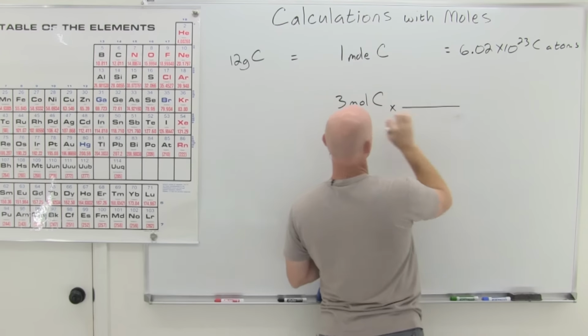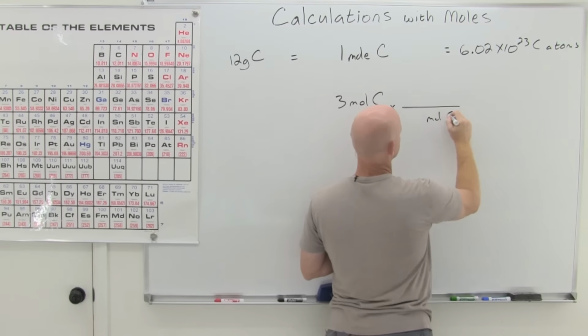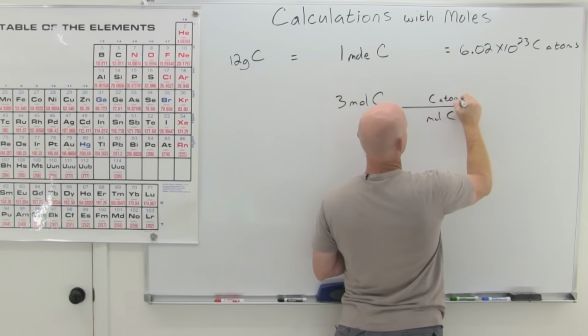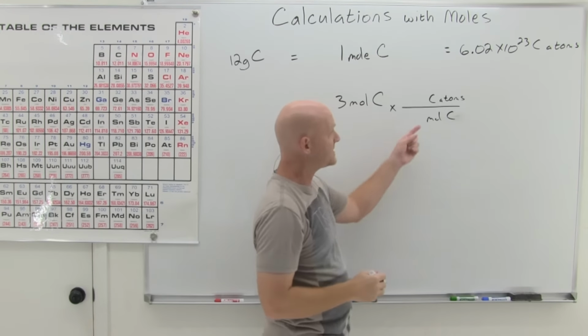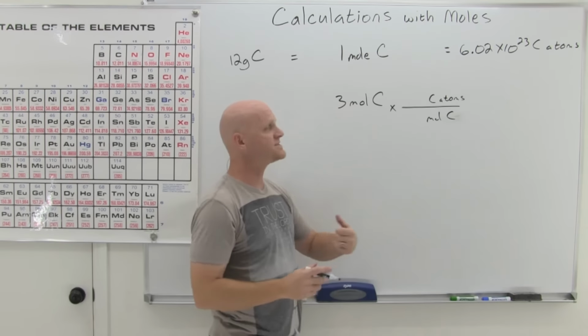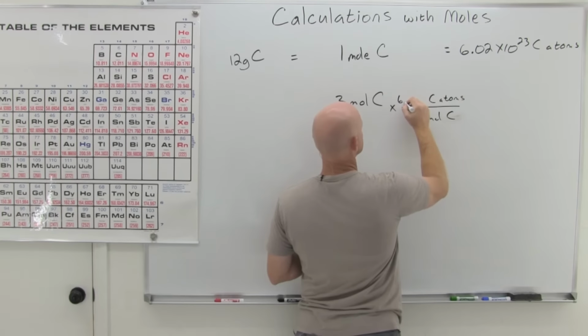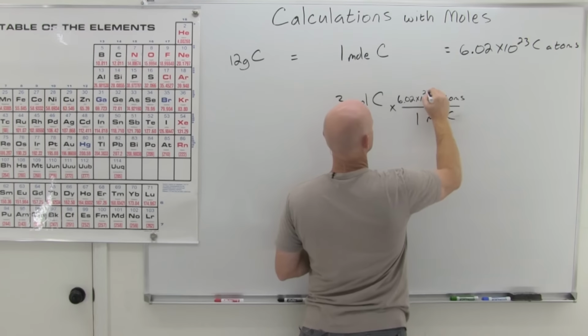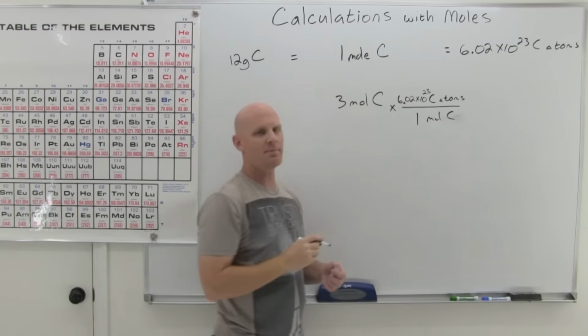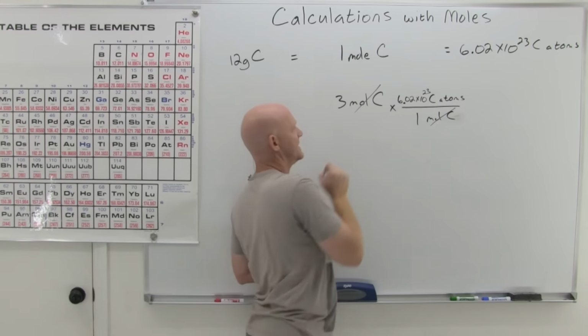Actually, we need moles of carbon on bottom to cancel with our dimensional analysis, and carbon atoms on top. And your connection, again, is always 1 mole is the equivalent of Avogadro's number. So we'll put 1 mole down on the bottom, and then 6.02 times 10 to the 23rd on top. And that way our moles of carbon are going to cancel.